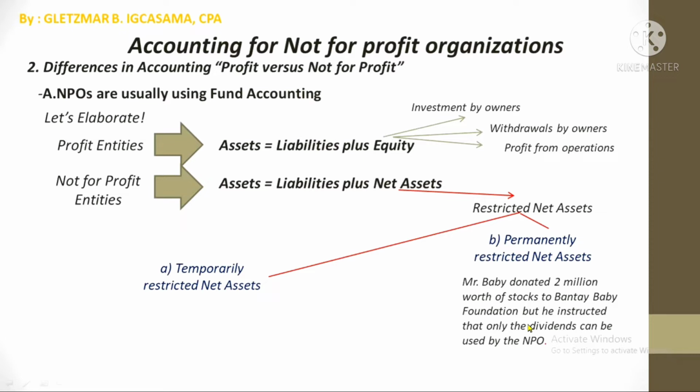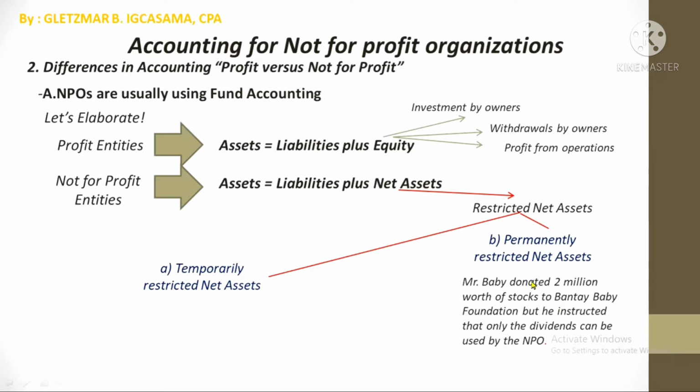It makes sense, right? That's all the examples that I could think of to let you understand the logic about donations that are permanently restricted. Again, even if the main donation is permanently restricted, there are still benefits that can be used by the NPO for its programs and activities. And I hope those examples did the job of clarifying.